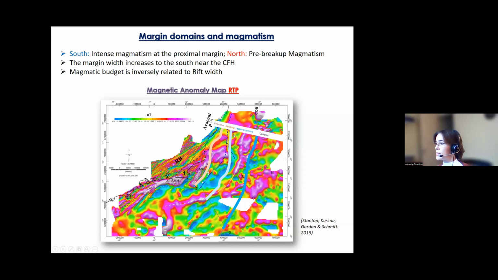And this margin here did not have magmatic additions in the beginning of the rift, and it was only affected by magmatism in the end.